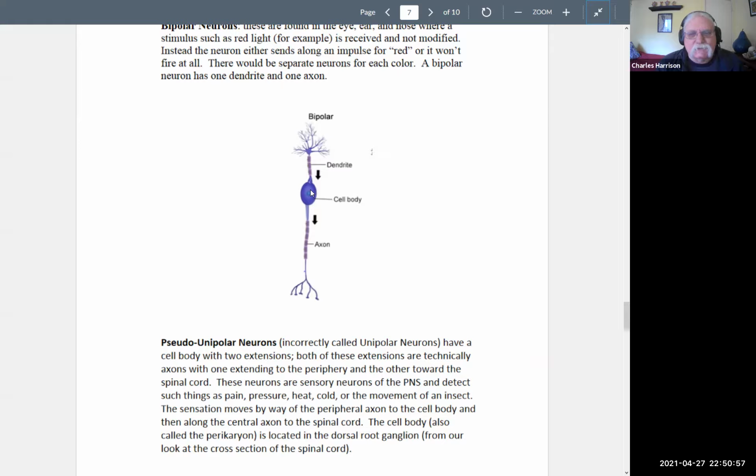Have you ever stared at something long enough that it either changed its color or disappeared completely? You've been zapping the same dendrite over and over, and it needs more energy, and it doesn't have it yet. So it quits working temporarily.